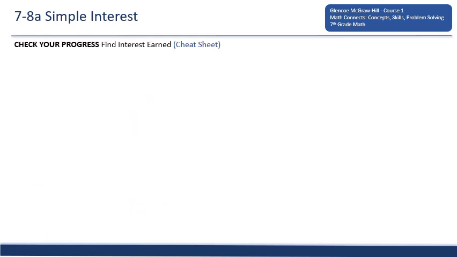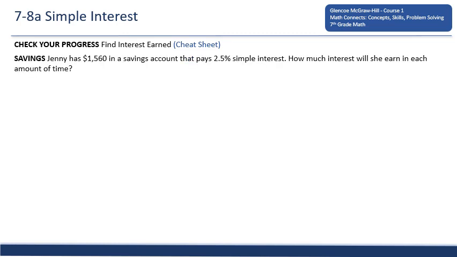Check your progress. Savings. Jenny has $1,560 in a savings account that pays 2.5% simple interest. How much interest will she earn in each amount of time? In 3 years. The formula for simple interest: interest equals principal times rate times time.